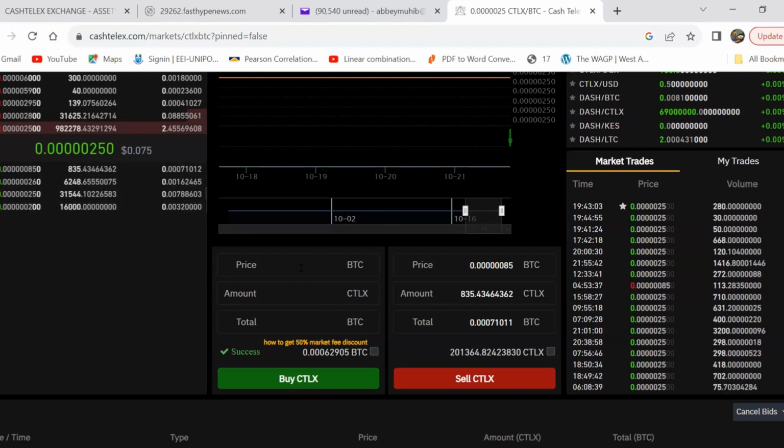Then the other option is to place another trade for maybe less than what we have and see whether in future somebody can buy it, like the way other people place their trades. So let me say I want to put in the remaining Bitcoin that I have. I have 0.0062905.